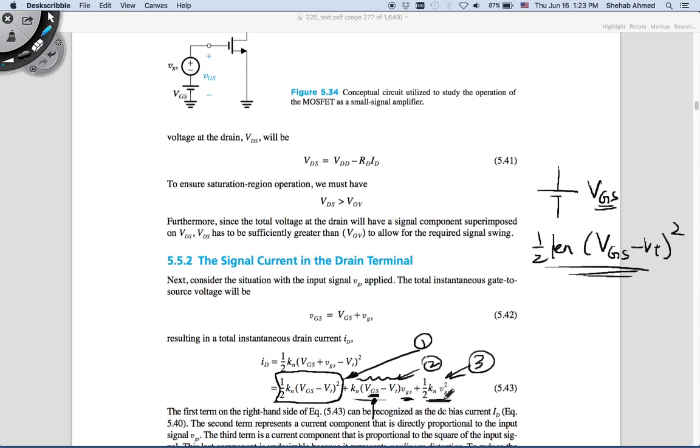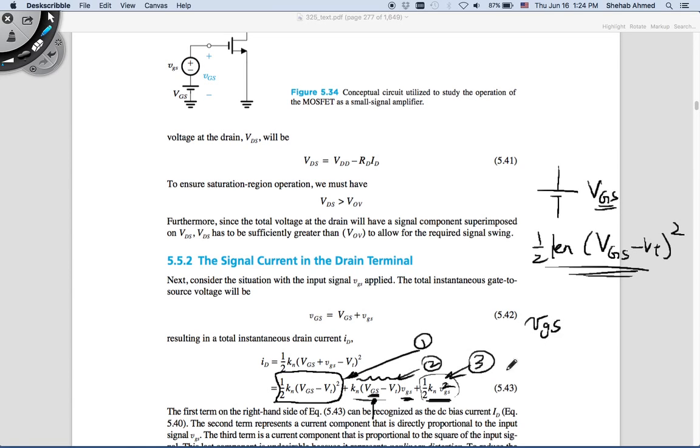This third term is a distortion. It's a nonlinear term. It's taking the small signal and squaring it, and that is what is proportional to the output current in this case. So this is what's going to control the limit of my small signal VGS.